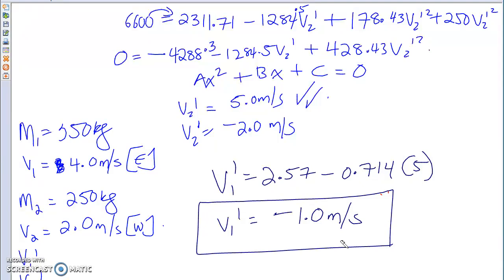We're just going to use a positive value. No, this is the right value.